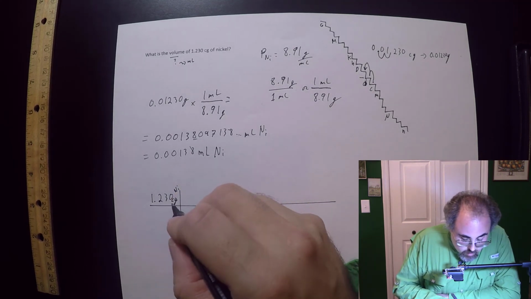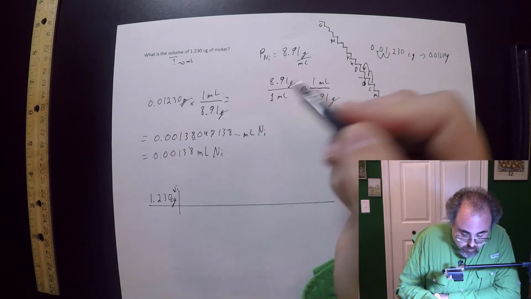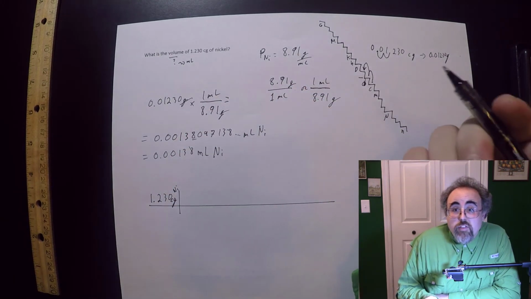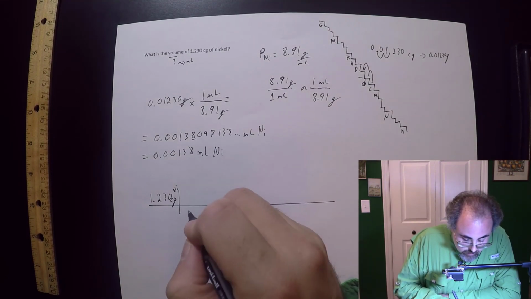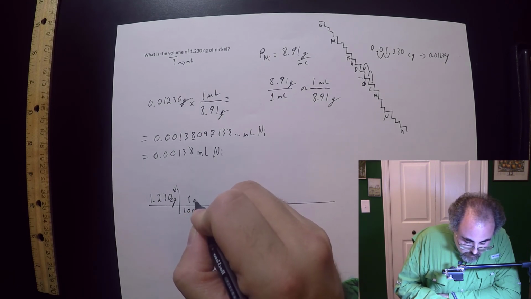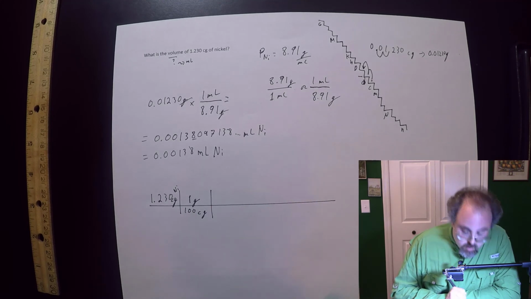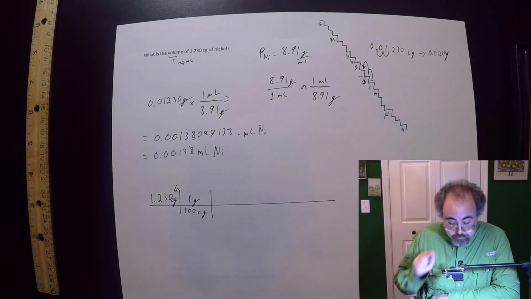Okay, so now I'm going to need to start canceling out things because notice up here that gram cancels with that gram. I want to do the exact same thing, but first things first, I got to cancel out that centigrams. So I know that there are 100 centigrams for every 1 gram. Now, if I didn't know that, that's why I would use this guy.